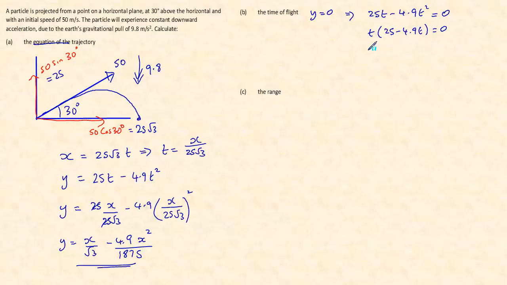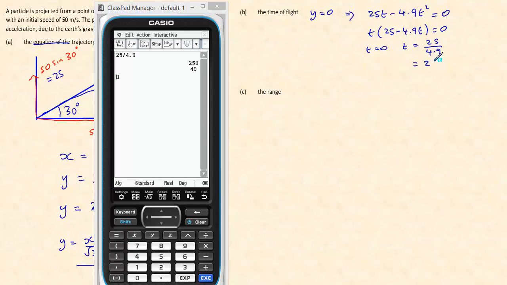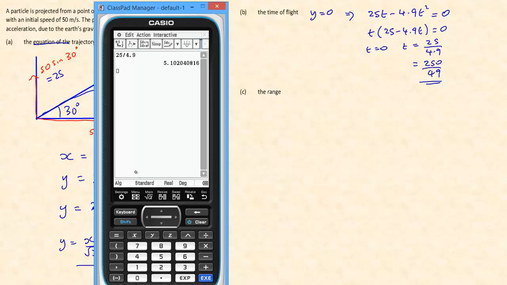Obviously this t gives us t equals 0, and the other t gives us 25 over 4.9. So I might go to standard. 25 divided by 4.9 gives me 250 over 49, and that would be the time of flight, and of course we can get that as a decimal easily enough by doing this.